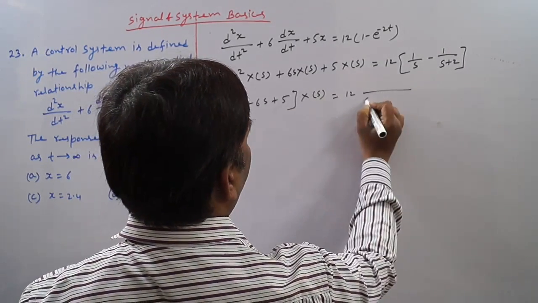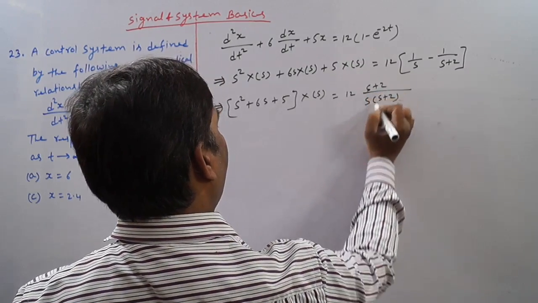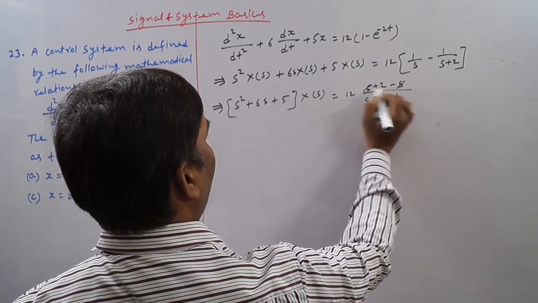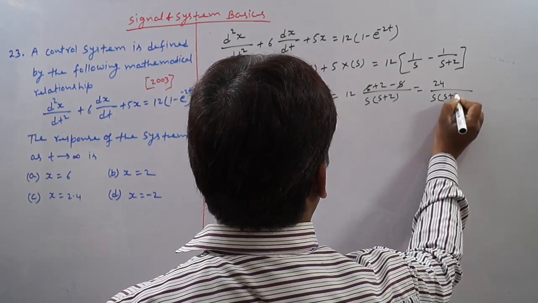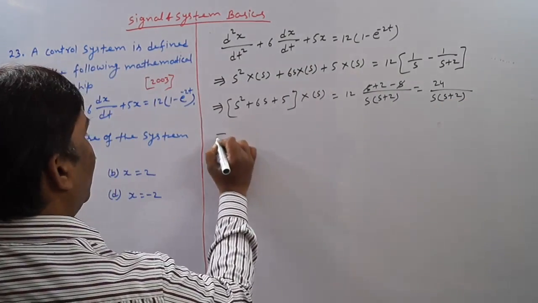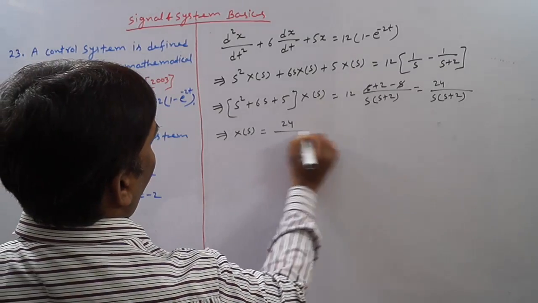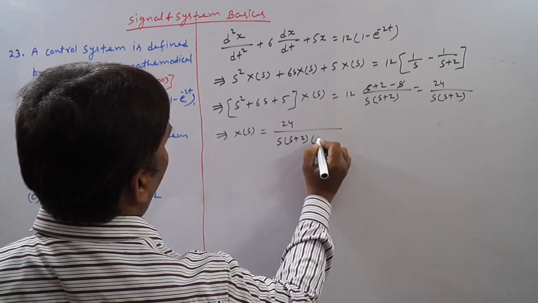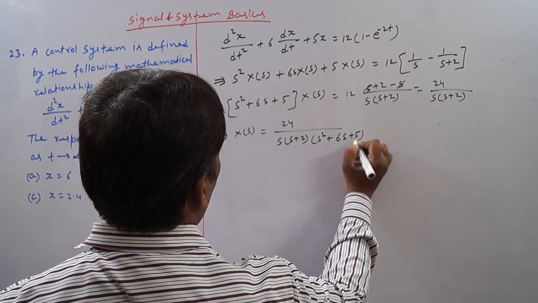If we take s into s plus 2 as LCM, then s plus 2 minus s will come here, and it will be 24 divided by s into s plus 2. Okay, now Xs will be nothing but 24 divided by s into s plus 2 multiplied by s square plus 6s plus 5.